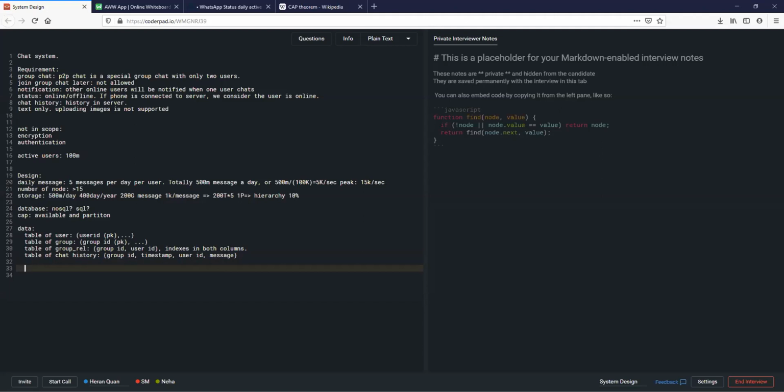One thing I would rather store is sender ID and receiver ID. Sender ID could be just a user ID, and receiver ID could be either a user ID when it is peer-to-peer, or a group ID if it is a group chat. But we can find out the receiver from the chat history and the group relation. So if we have these two tables, we can find out who is the receiver.